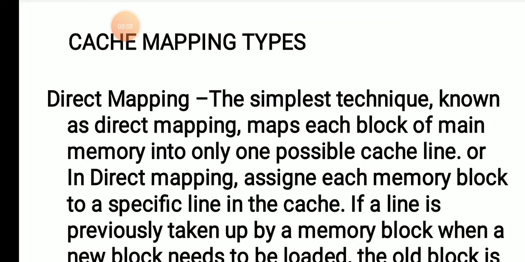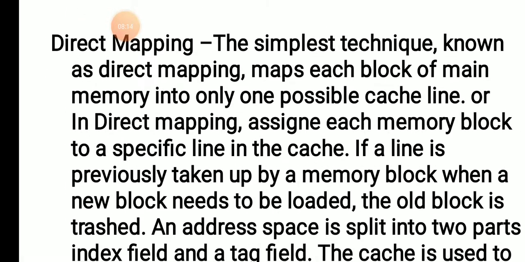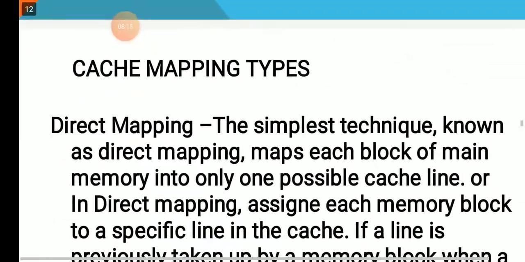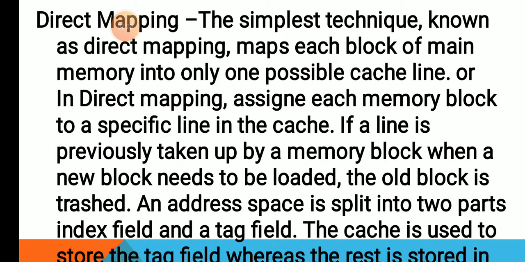Next, types of cache mapping. It is classified into three types. The first one is direct mapping. It is the simplest technique, which maps each block of main memory into only one possible cache line.